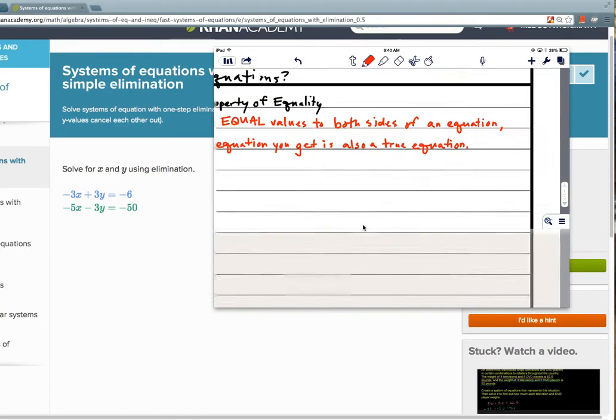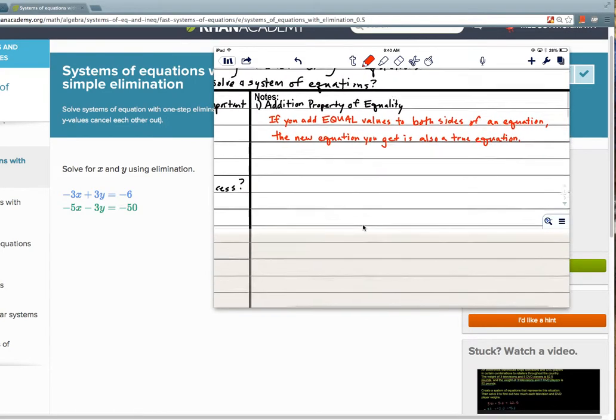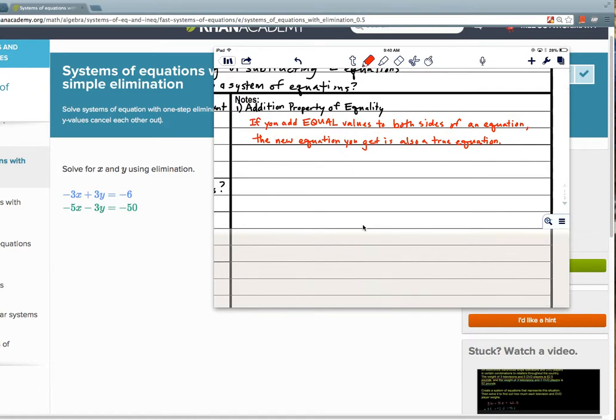Okay, so the addition property of equality is this fact that you guys learned about for several years now.